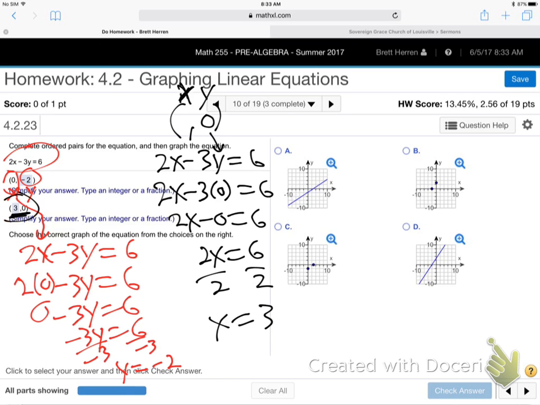Does that make sense? And now put those 2 dots on the graph. Here, I'll just do it right here first off. So put those 2 dots on the graph, the 3, 0, and the 0, negative 2. Over 0, down 2.